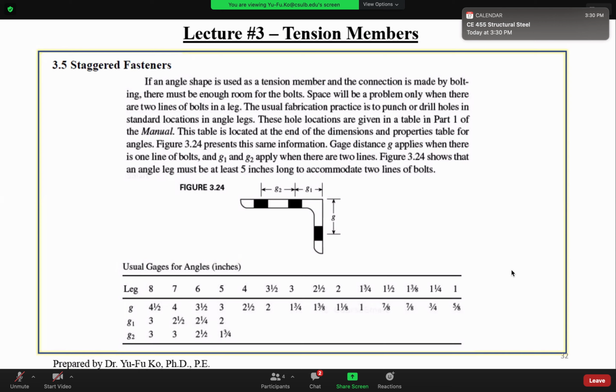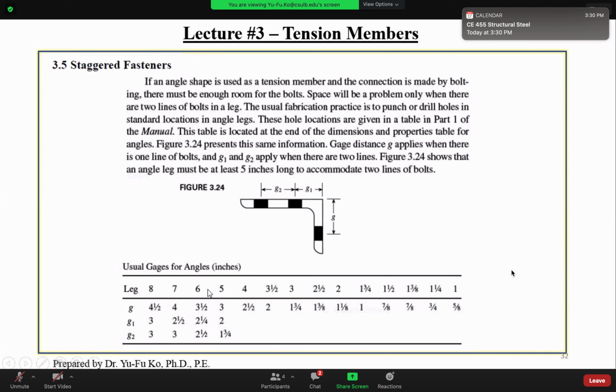Let me check. What do they say? Is there any other difference in here?